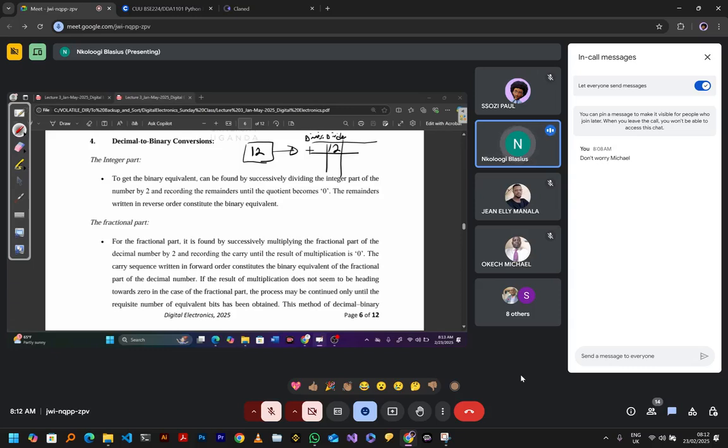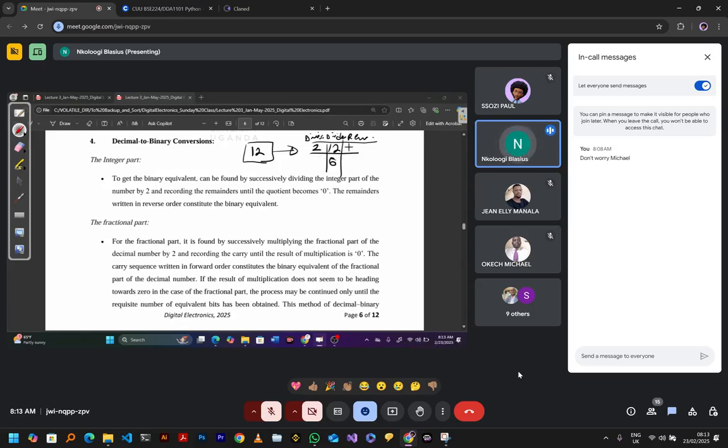For example, in this case, that will be base 2. So I would write the 2 here, and then the last column should always be for the remainder. So if I divide 12 by 2, then I'll have 6 here as my new dividend.